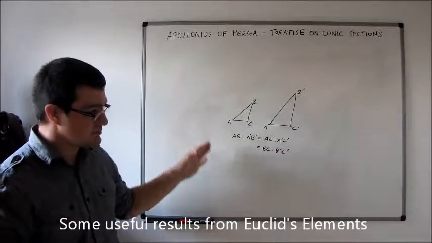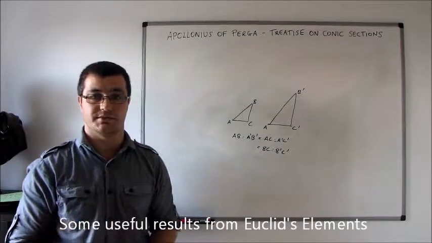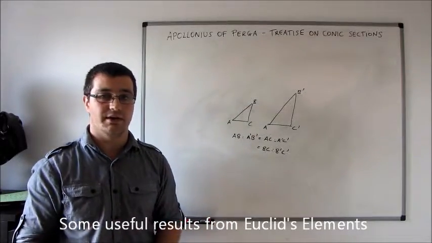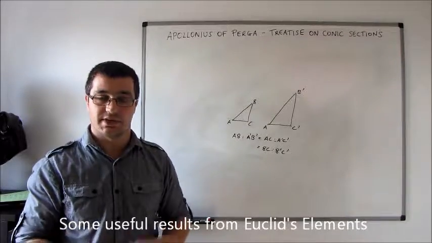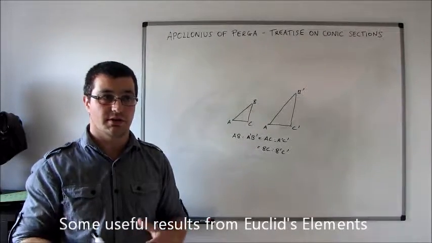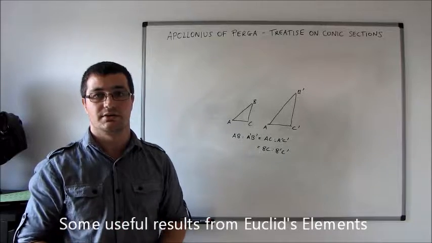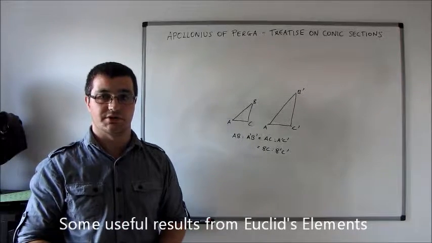So this is just similar shapes. From a modern perspective, this is a very elementary result, but it is something that's used very, very often in Apollonius's work.